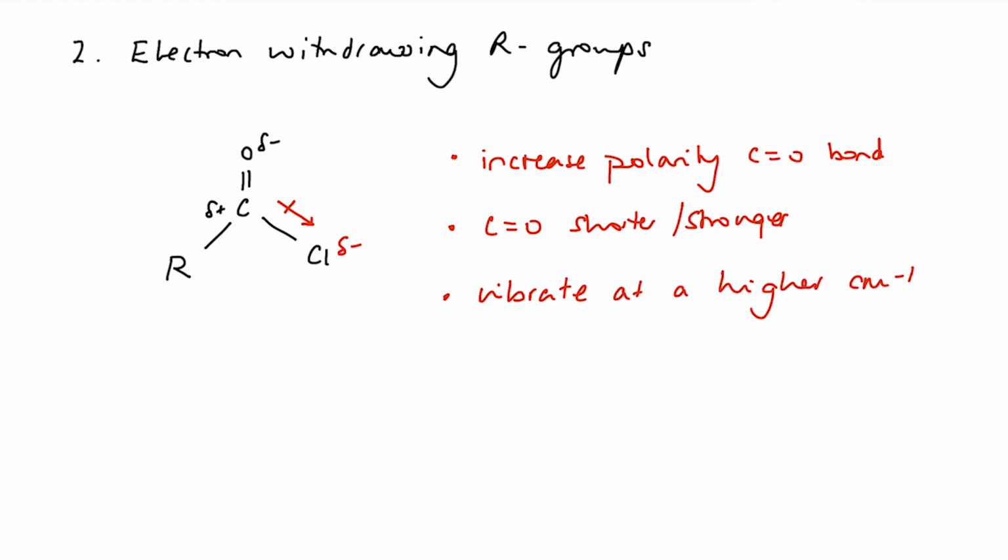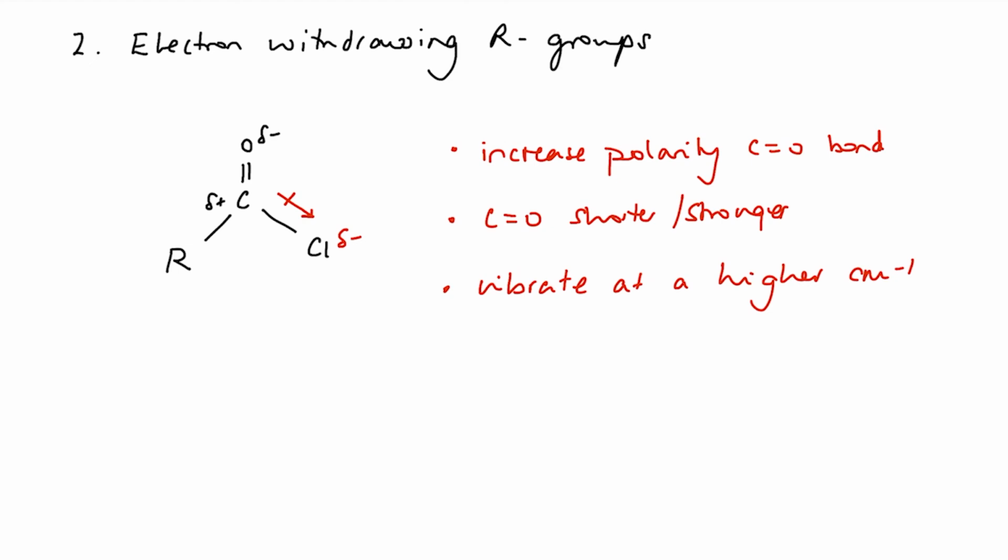wave number. Why doesn't chlorine donate a lone pair of electrons to form a conjugative electron donating effect like nitrogen does in the amide? If we think about chlorine, it has 3 lone pairs of electrons. However, these lone pairs are situated in the 3p orbitals. If you remember, for nitrogen, the lone pair was in the 2p orbitals.